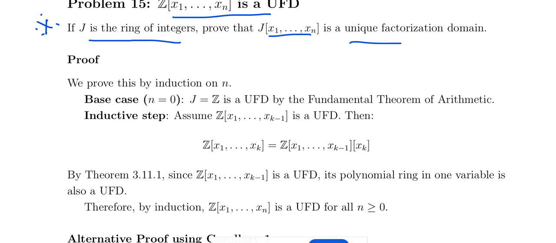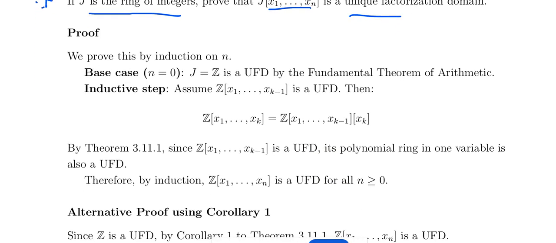This is proved by induction on n. For n equal to 0, J equals Z, which is a unique factorization domain by the fundamental theorem of arithmetic, since any integer factorizes uniquely. So assume that Z of x1, x2, ..., x_{k-1} is a unique factorization domain. Then we try to prove that Z of x1, x2, ..., xk is a unique factorization domain.